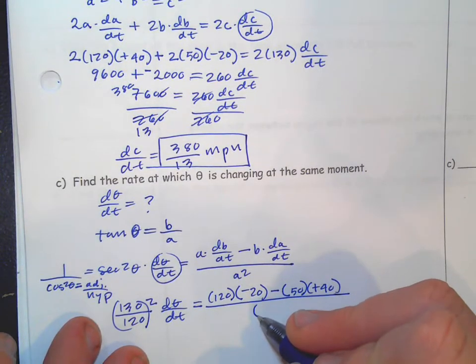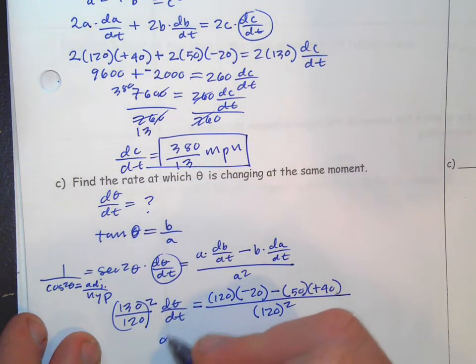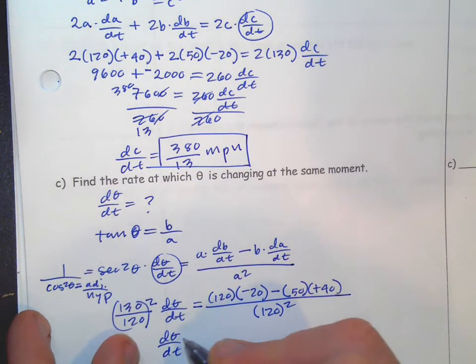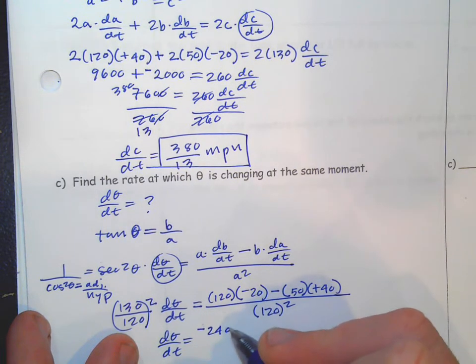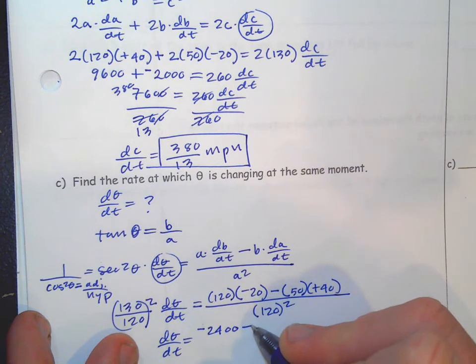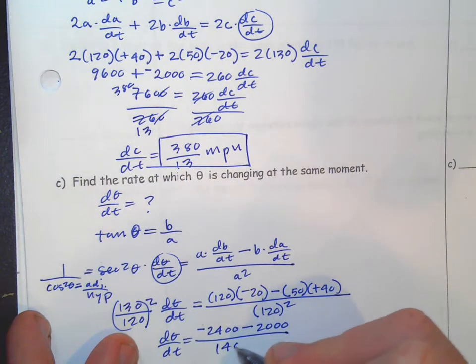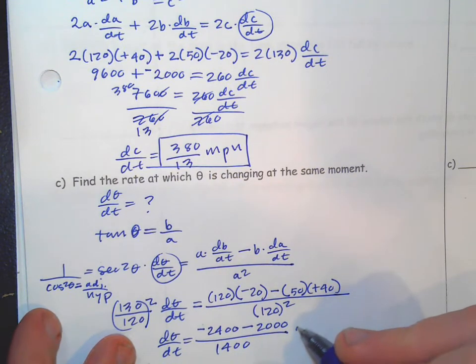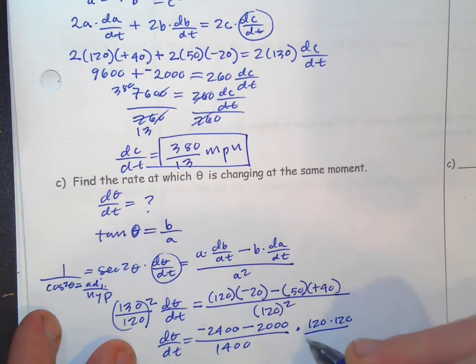A is 120 squared. So d theta/dt equals, this is going to be negative 2400 minus 2000, 14400 times the reciprocal of this, so 120 times 120, or 130 times 130.